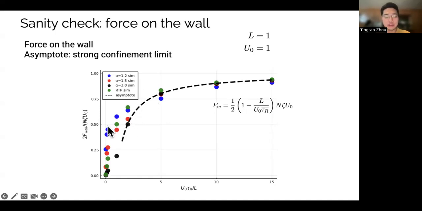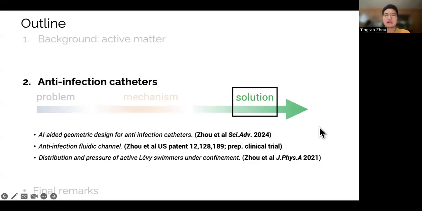Then we did simulations with different alpha values, and as we would expect, they all collapse onto the black dashed line in the limit of strong confinement. So this is reassuring. Okay, so that's the mathematics that we did for this problem.